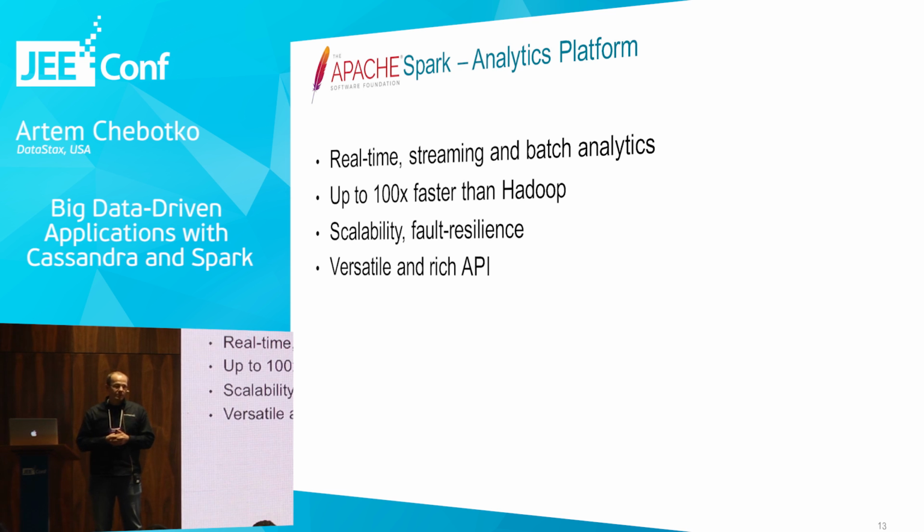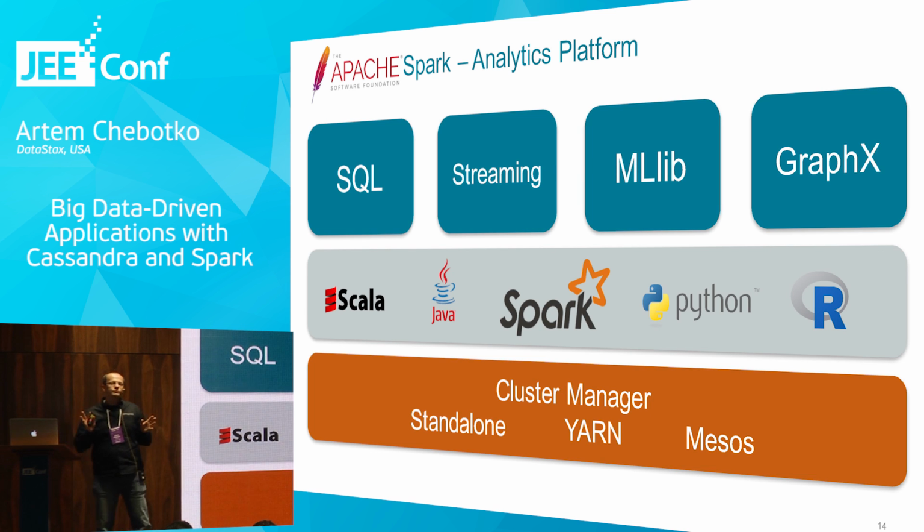It has good scalability and fault tolerance, being able to recompute lost data as long as the original data source is available. It has a very rich, versatile API. There are a number of companies that use Spark. Pretty much most of the companies in big data use Spark for some of their projects.